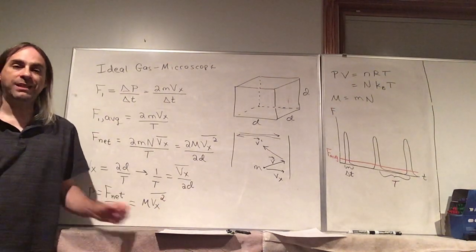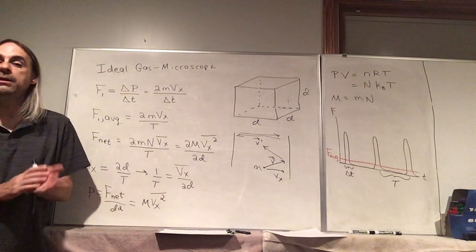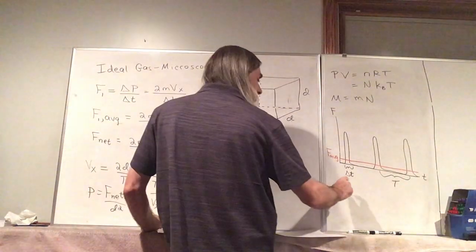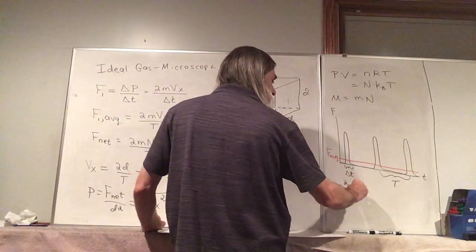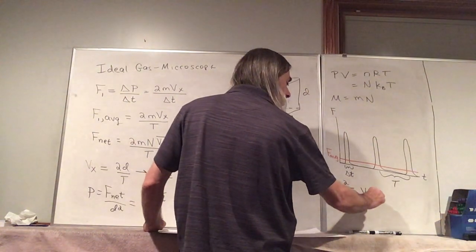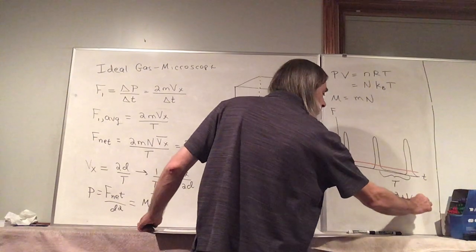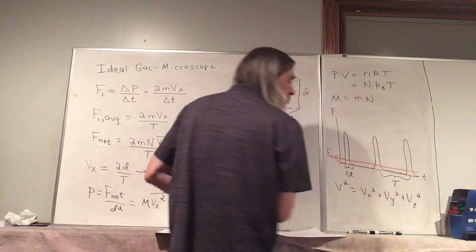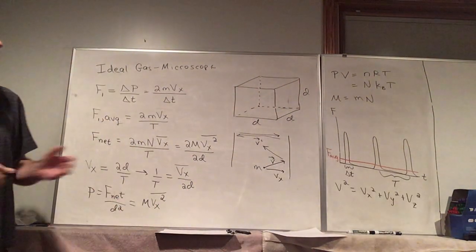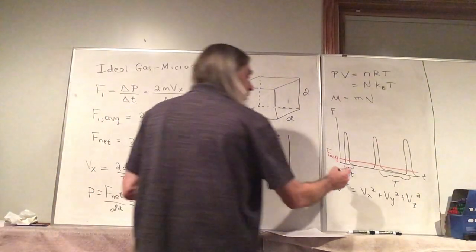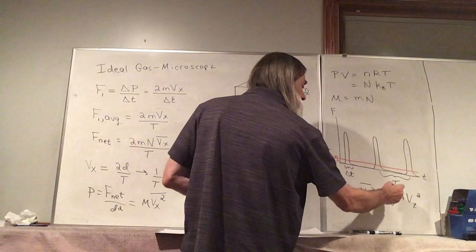And so the velocity has x, y, and z components. So the magnitude of the velocity vector, just from the definition, you square each component and you add them up. And the same result will hold true if we look at average values.